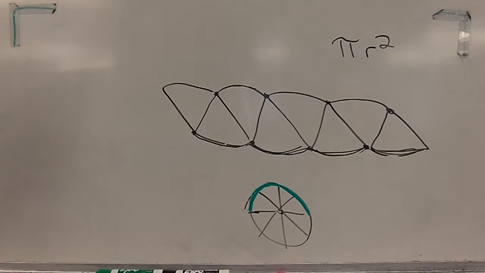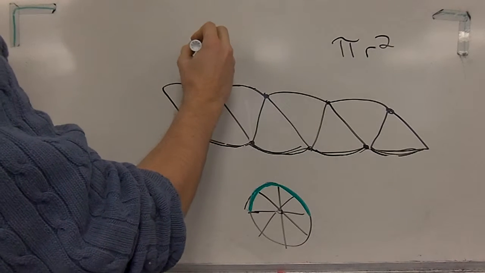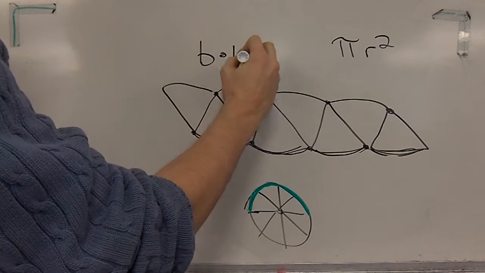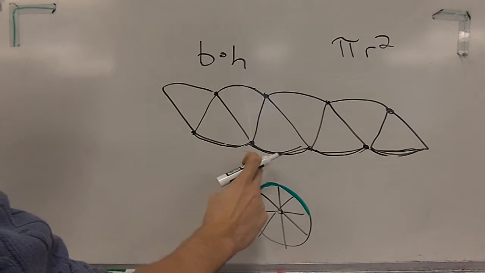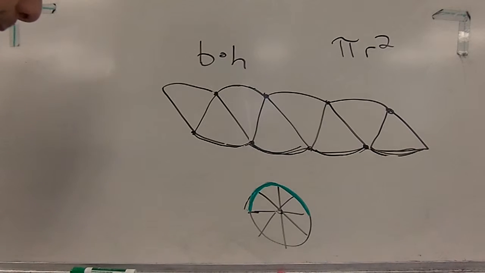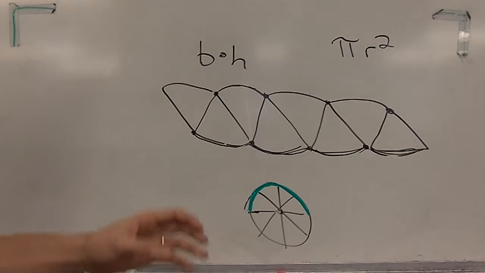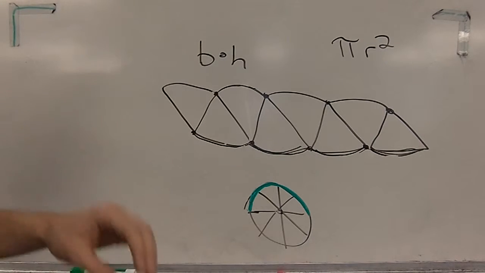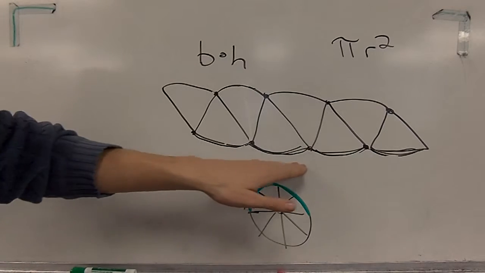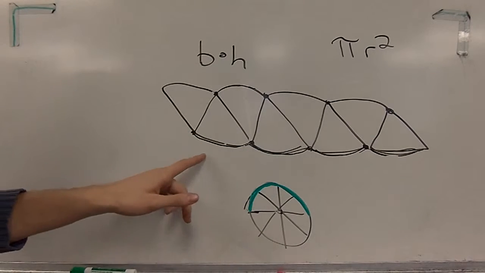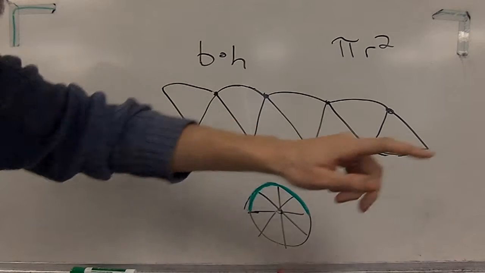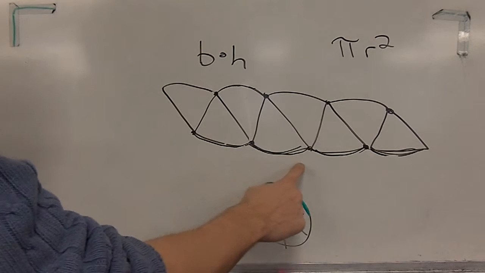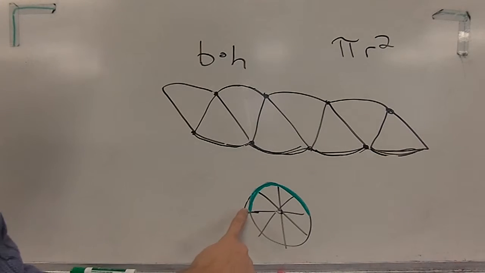Well, the formula for the area of a parallelogram is base times height. My base of this parallelogram happens to be half of the circumference, because there's 1, 2, 3, 4 pieces of pizza's outside edges on my base, and we talked about how that's half the circumference.